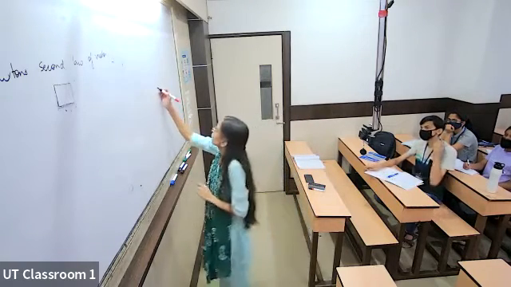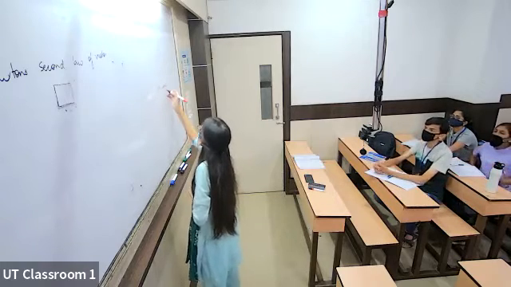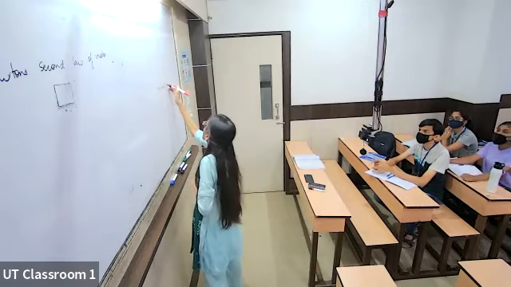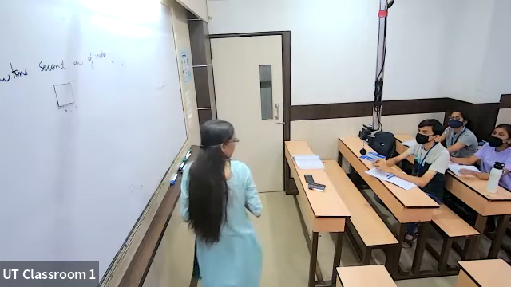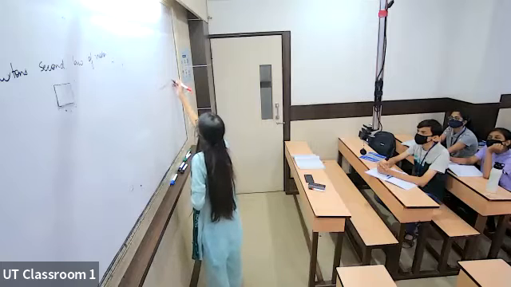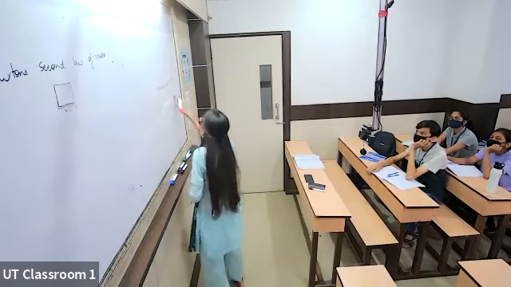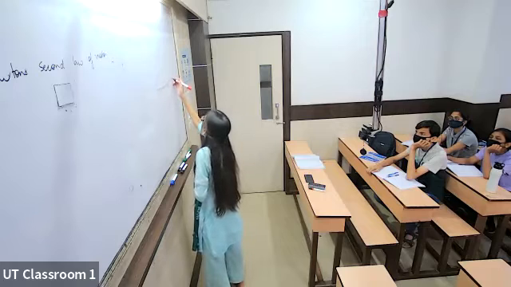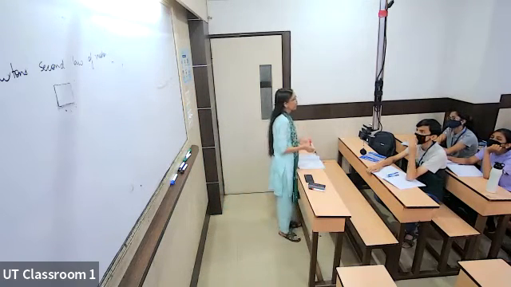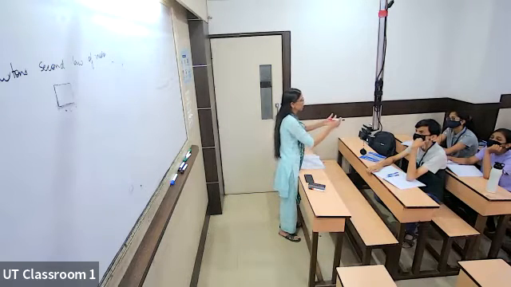So momentum of any object is represented by the letter small p, and it is given by the product of the mass of that body and the velocity with which it is moving. So basically, we can say it is given by mp. What is momentum? Momentum of any body is the mass and the velocity with which it is moving.